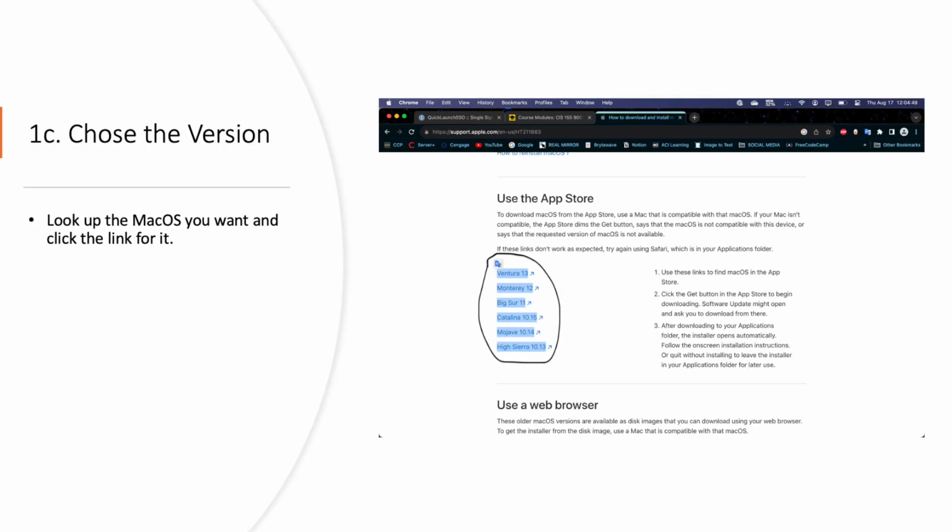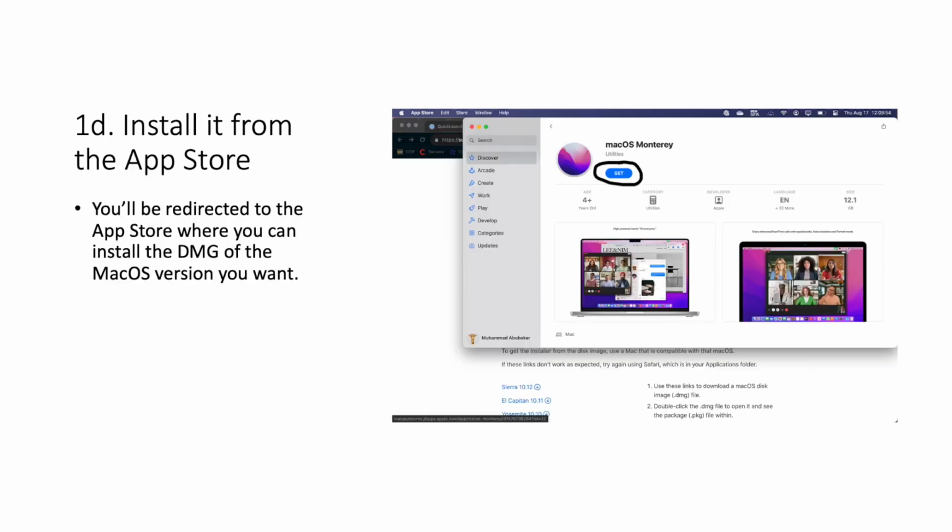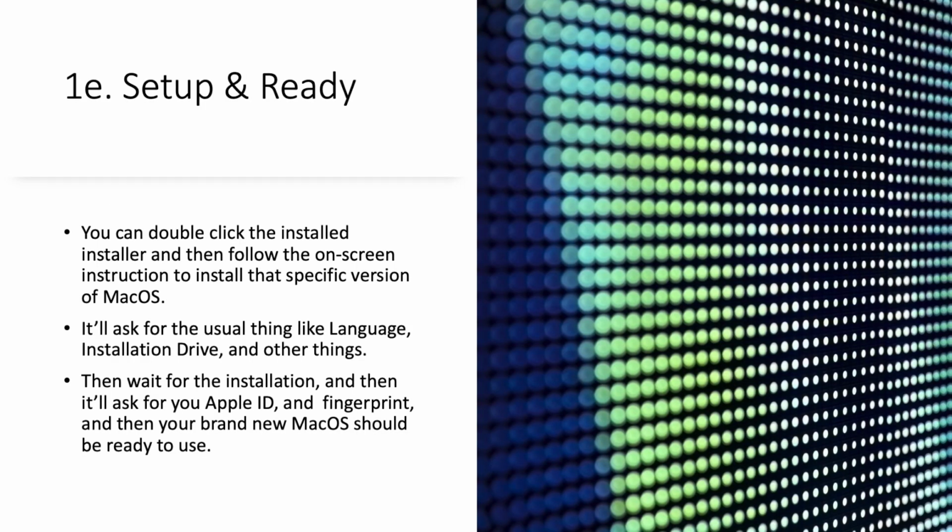Then once you're on it, scroll down and look at which Mac version you want to install, and click on it, and then you'll be redirected to the App Store where you can download the DMG file for the macOS version you want. And when it's installed, you just double click it and follow the on-screen instructions.